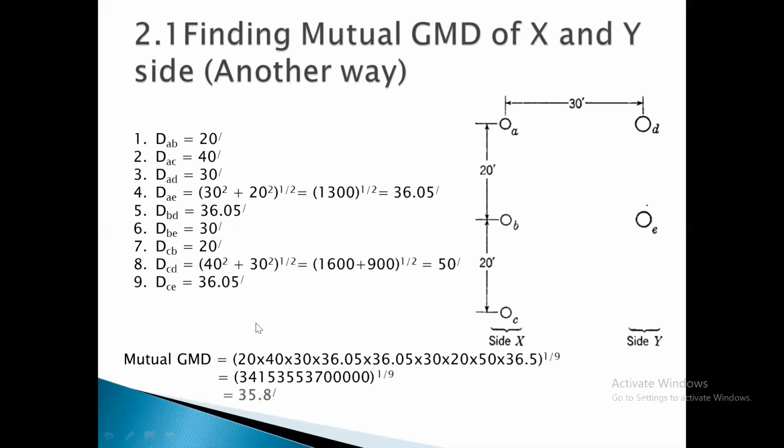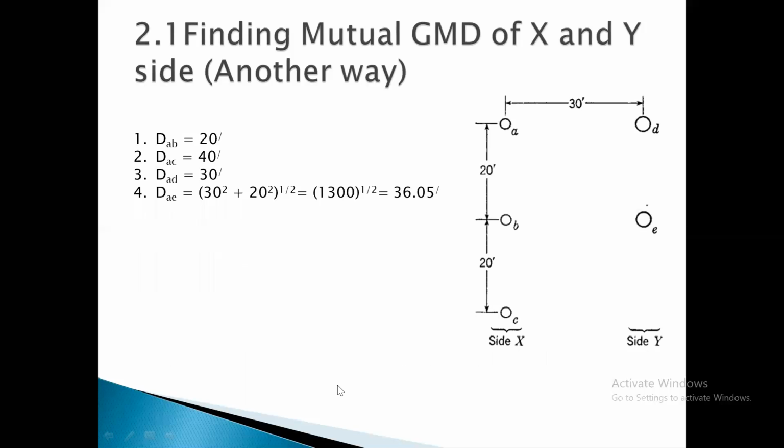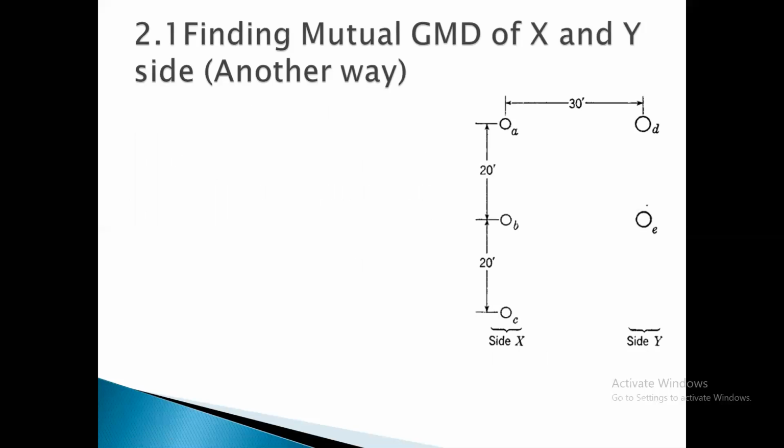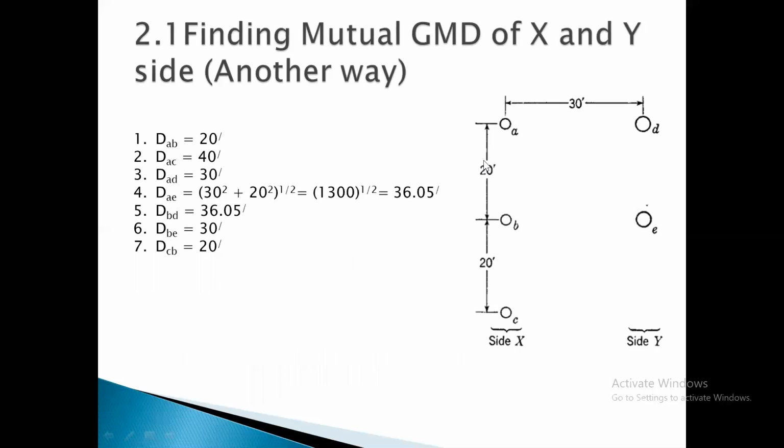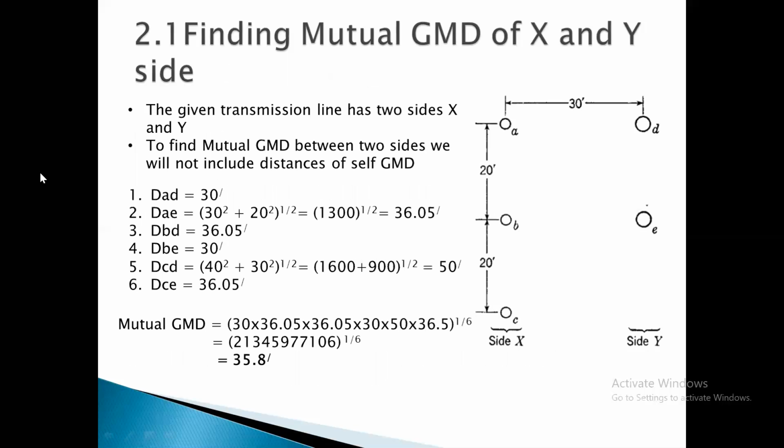So the answer will be the same, even if you are confused about which conductor is on side x, which is on side y, or which is on phase 1. In the diagram, if you get confused, you can calculate all the distances and then put power 1 divided by 9. You will get the same answer as we got in the last PPT, 35.8. It will be the same. If you are confident, then you can simply put these distances.